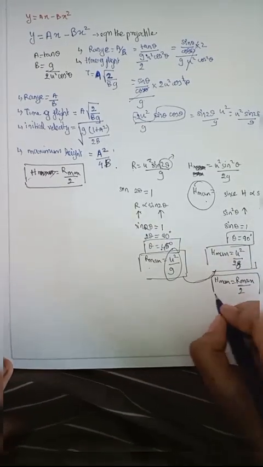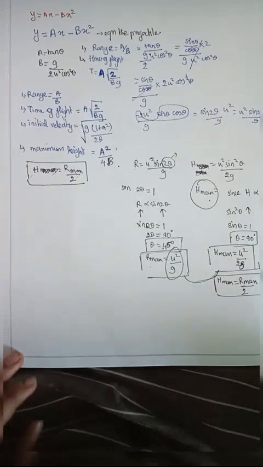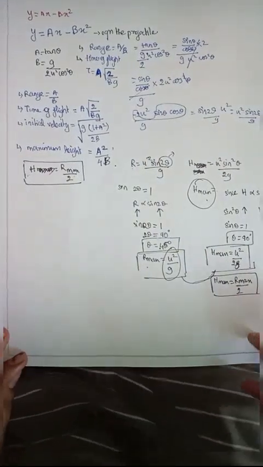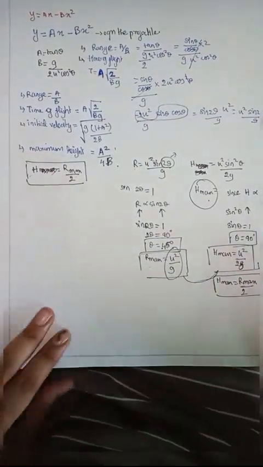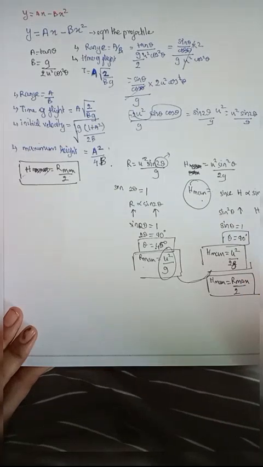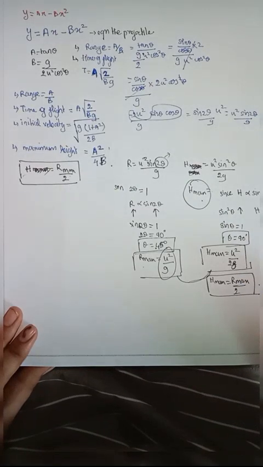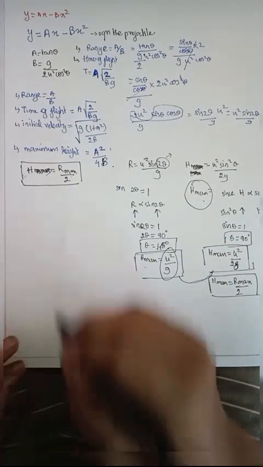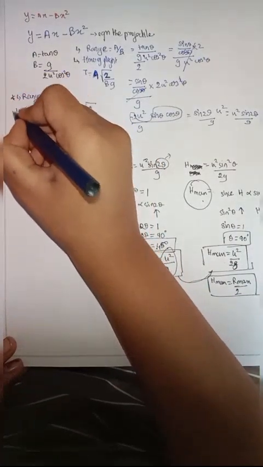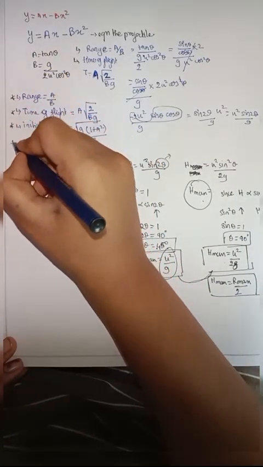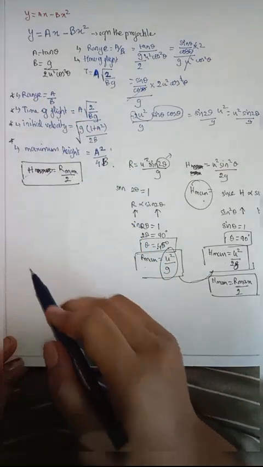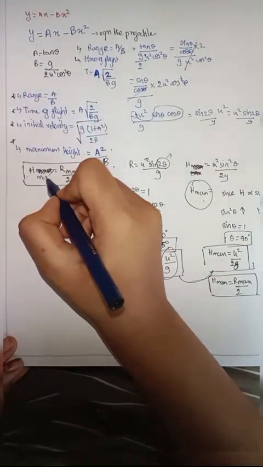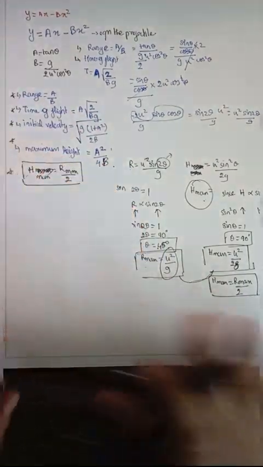This is one sort of equation. You may consider ample equations of motion, and you have to remember them. This equation is important, and the H max equation is also important.